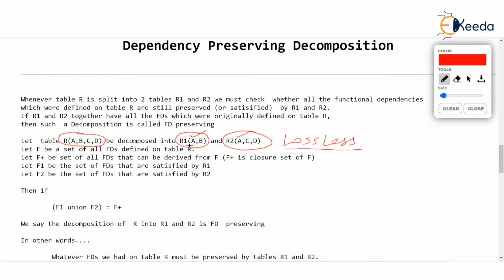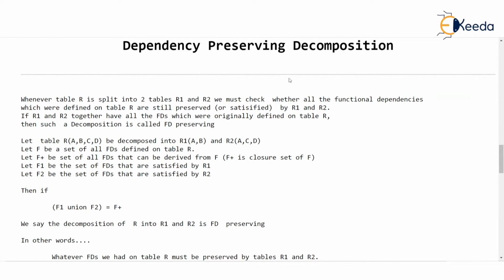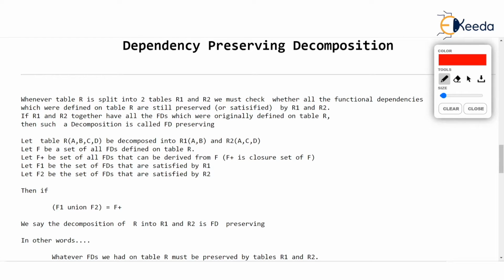Now, check the next line: let F be the set of all the functional dependencies defined on the original table R, and let F plus be the set of all FDs that can be derived from F. F plus is the closure of F. That means more dependencies are derived from this set F. Imagine F1 and F2 are the sets of functional dependencies satisfied by R1 and by R2.